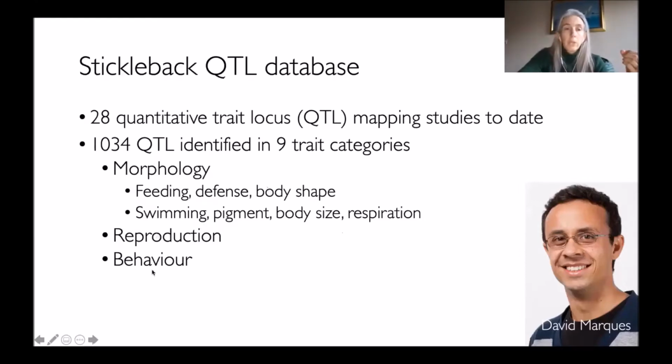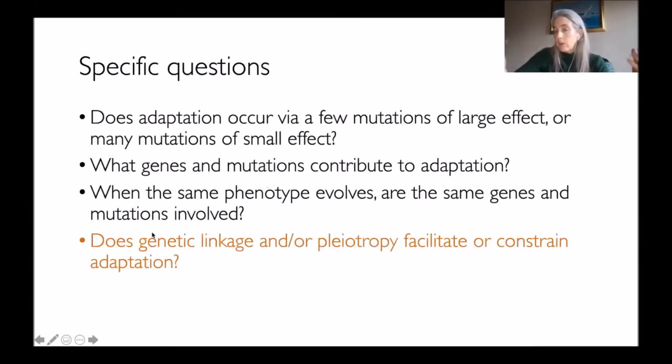And so with this big data set, David and I went back to these specific questions that I posed, again, at the beginning of my talk, and tried to address some of them. I'm not going to focus on the answers to these other questions. You can ask me about them in the question and answer period. But the one question we really wanted to know was, does genetic linkage or pleiotropy facilitate adaptation?